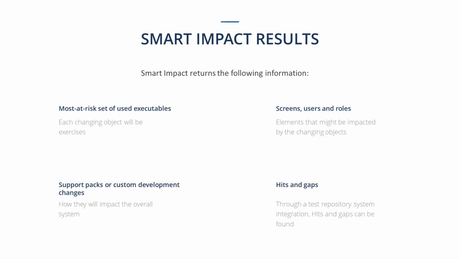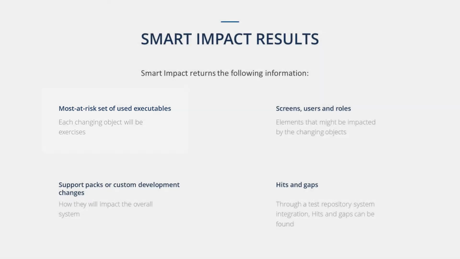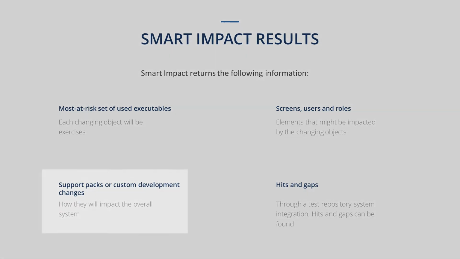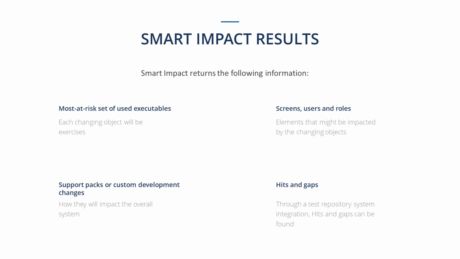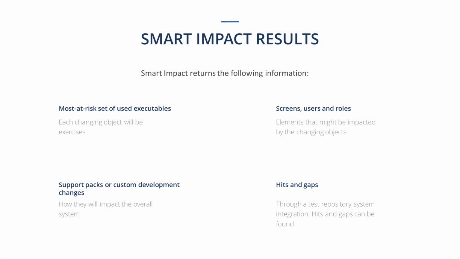From there, Smart Impact provides you with information on the most at-risk set of used executables, which when tested will exercise each of the objects that are changing, the screens, users, and roles impacted by the changing objects, the impact of support packs or custom development changes, and hits and gaps through a test repository integration. The app produces a dashboard report and an associated Excel report for the information you need.